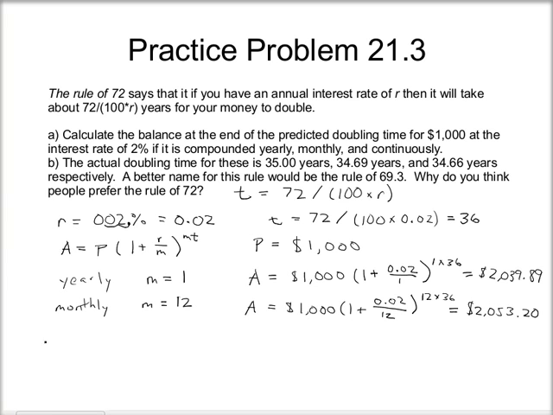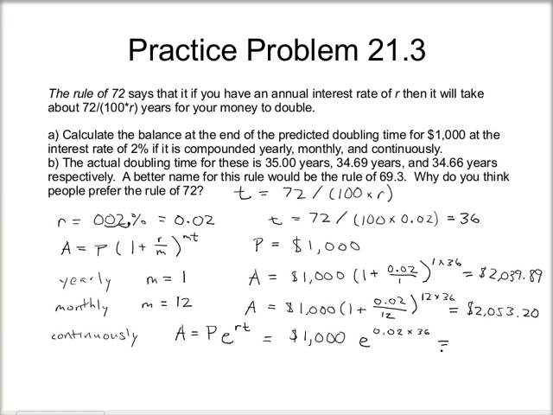Finally, let's look at interest that is compounded continuously. And remember, the formula for interest compounded continuously is A is equal to the principal P times the number E to the power R times T. So this is going to be, my P is still the same, $1,000 times E to the power of my R, 0.02, times 36.